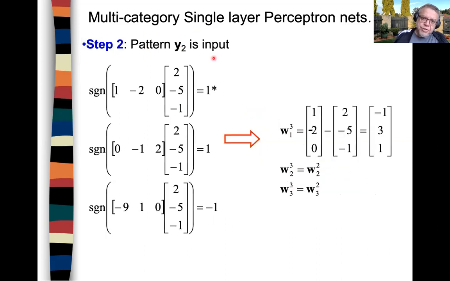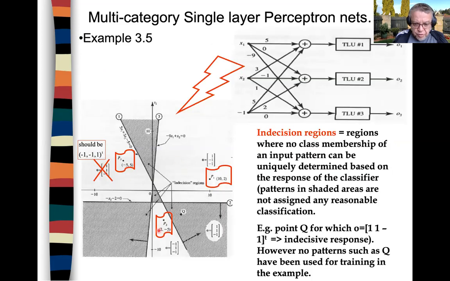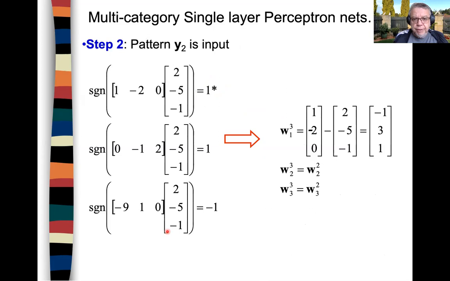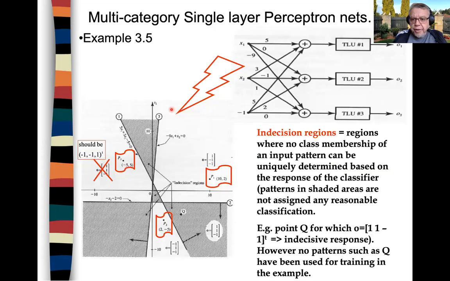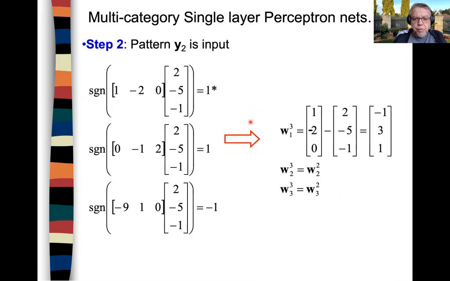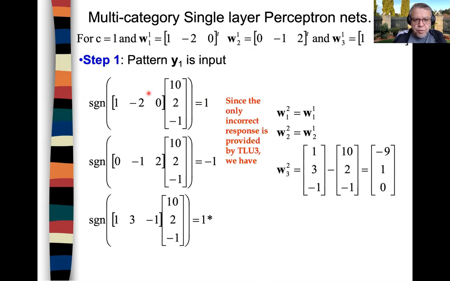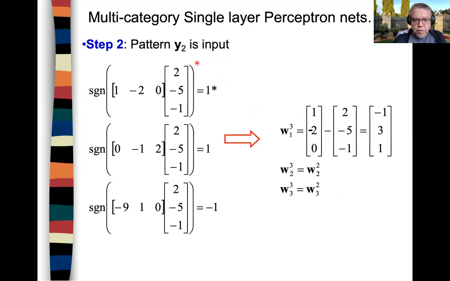Now we feed the second pattern, Y2, which is this one, 2, -5, and we have the -1 for this last input. So we use the weights for the first threshold logic unit, which we didn't change, so they stay the same, 1, -2, 0.